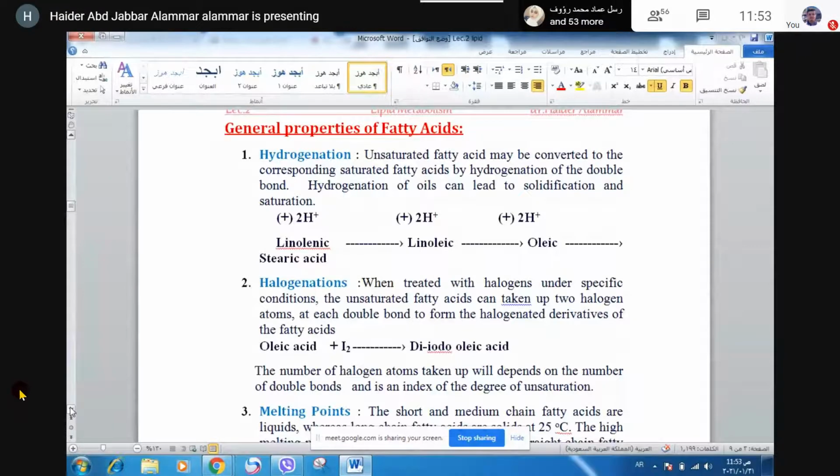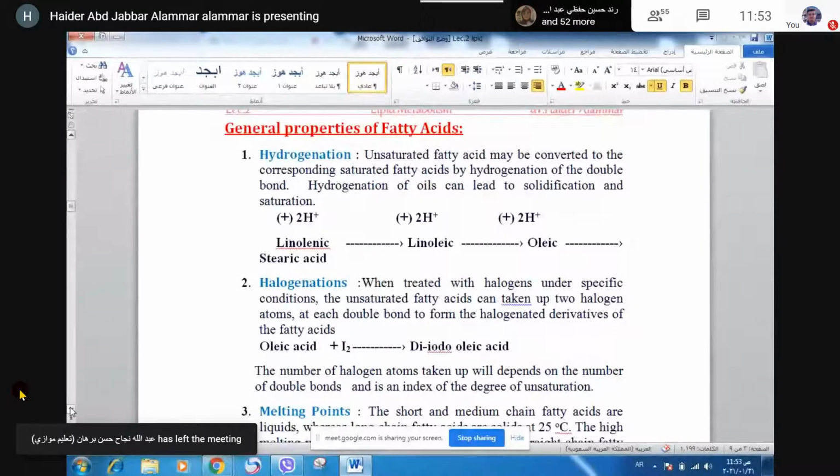Linolenic acid has three double bonds. If we break down the first one, it is converted to linoleic acid. Same number of carbon atoms, but linolenic has three double bonds, while linoleic acid has two.